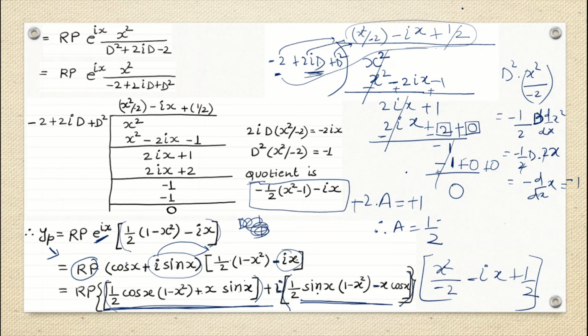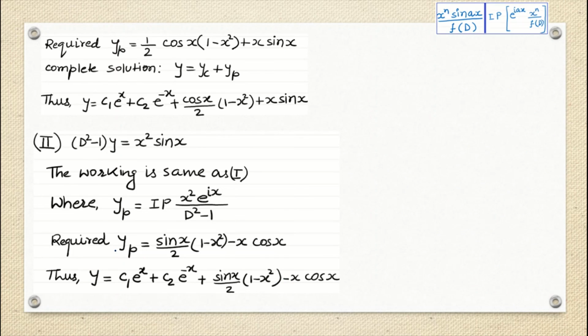That means the second question's answer is this imaginary part. So my required YP is nothing but 1 by 2 cos x, whatever is present in my real part. The complete solution is YC plus YP. So YC we had found, and then YP is this real part of whatever we had expanded.